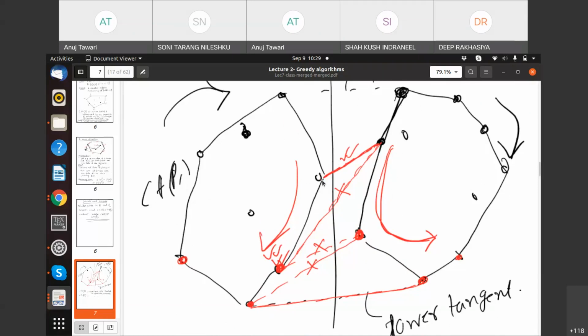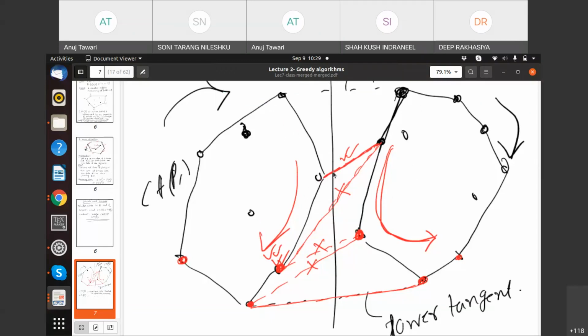But here is another idea, which is to look at where the line segment intersects the dividing line, this vertical line. Let's say it meets here.